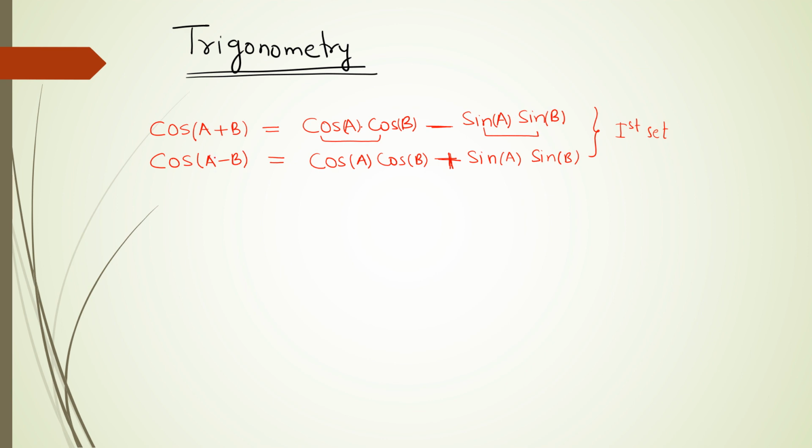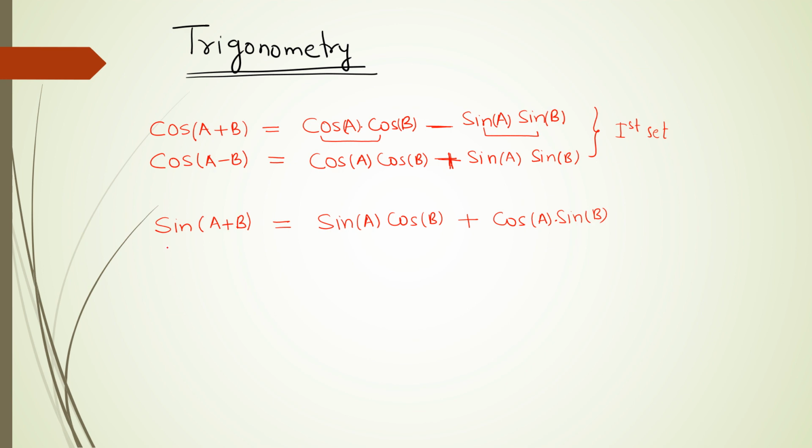Okay, now we will see sin of A plus B. Sin of A plus B equals sin A into cos of B plus cos of A into sin of B, that is multiplied.